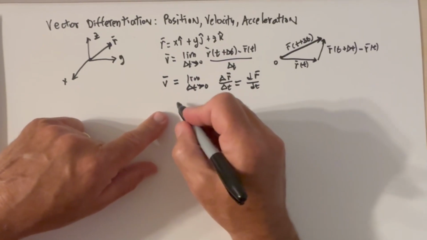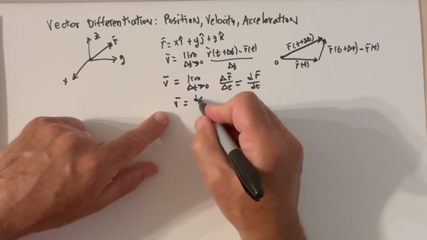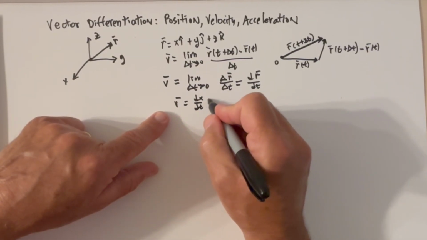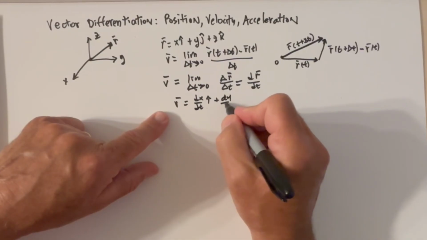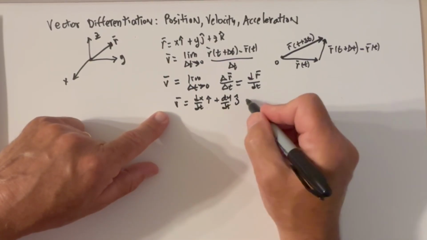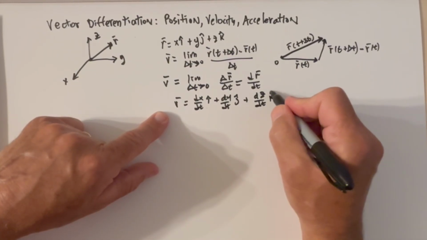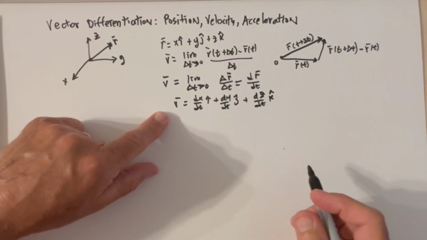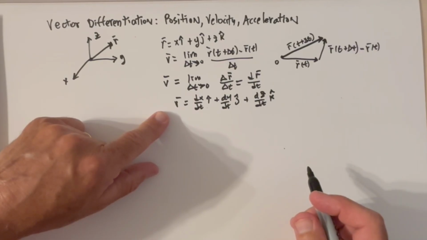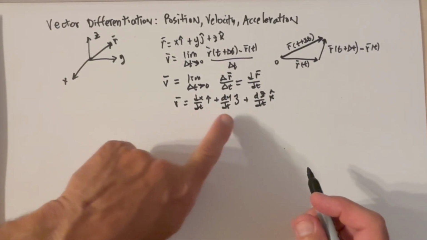Now, the velocity vector can be written as dx/dt i plus dy/dt j plus dz/dt k. Just writing it out term by term, taking the derivative of each of the functions of x, y, and z.